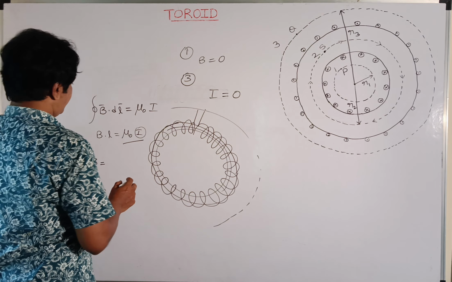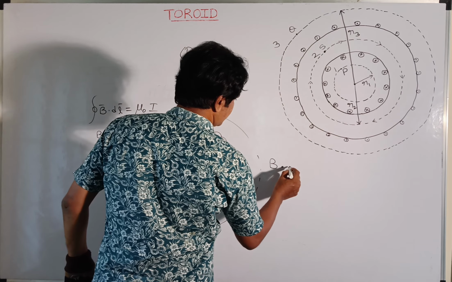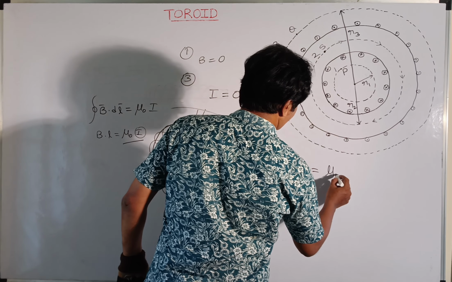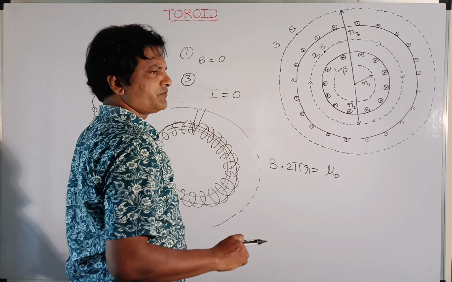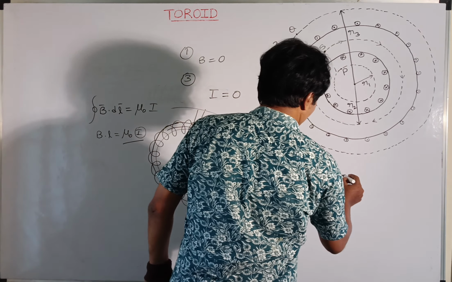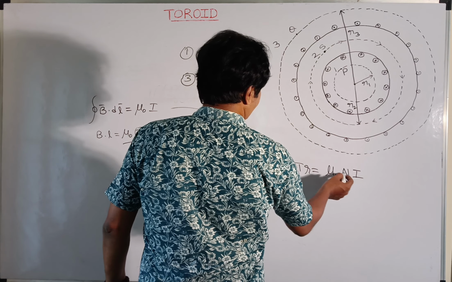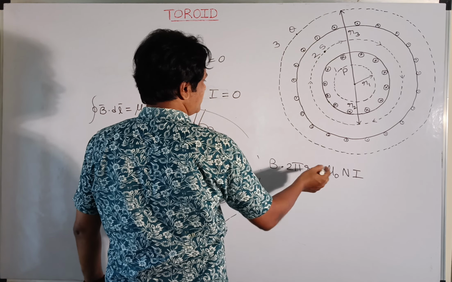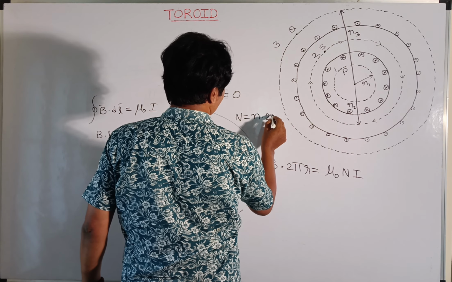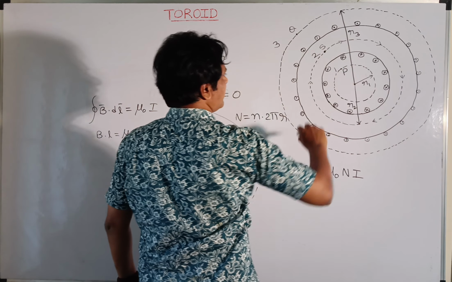Okay, then here we calculate the circuital law as per Ampere's circuital law. We can say that B into 2 pi R is equal to mu naught times the total number of turns of the solenoid, if it is N, we can put it as mu naught N I. So we can write N is equal to n into 2 pi r, means number of turns per unit length into the perimeter of the Amperian loop.